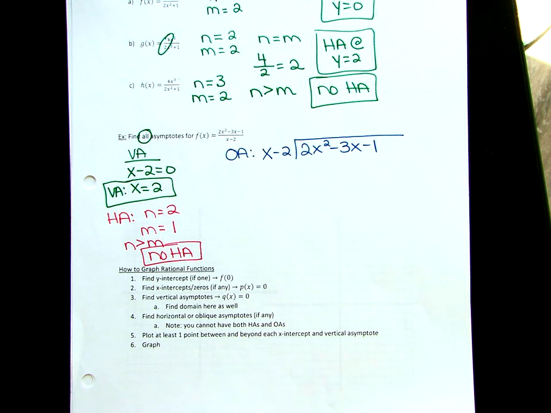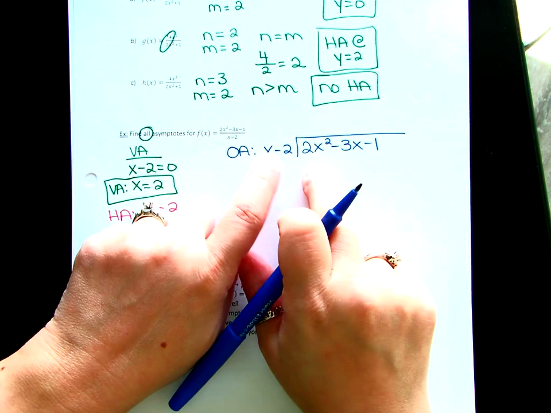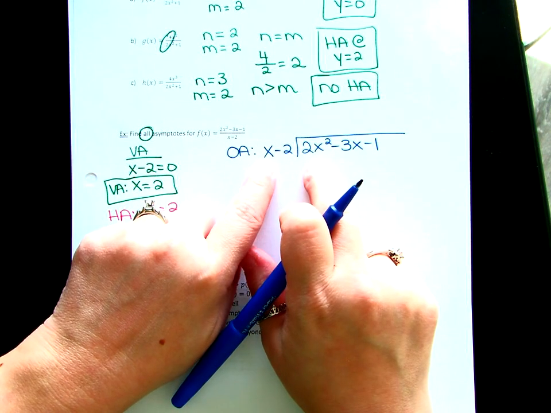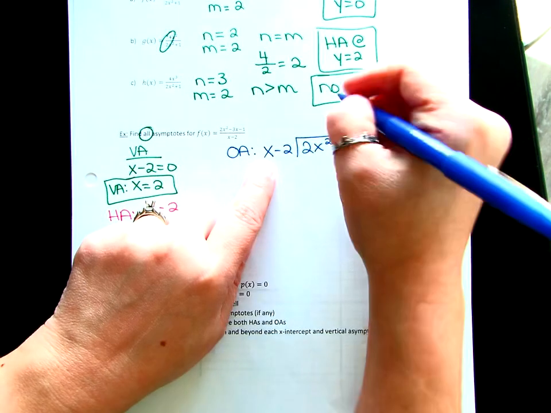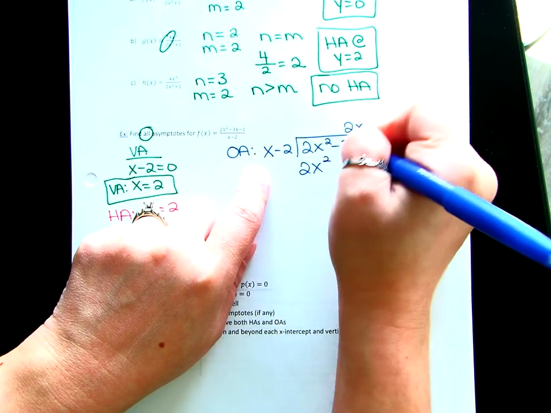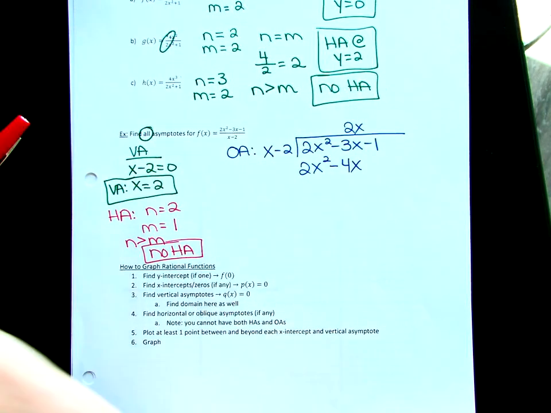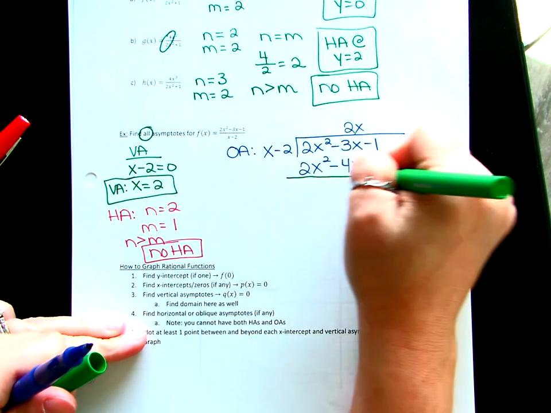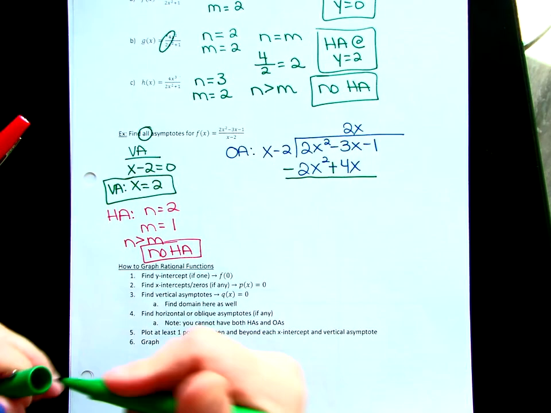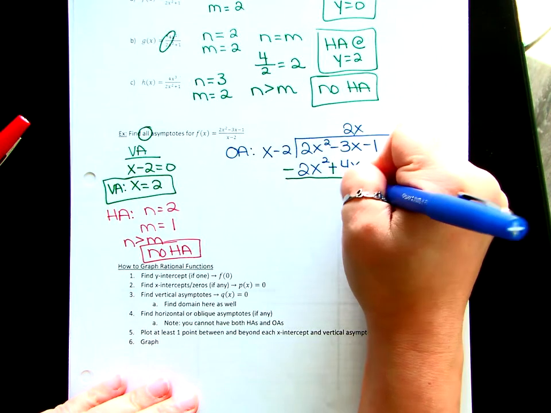What do I multiply x by to get me 2x squared? 2x. 2x times x will give me 2x squared. 2x times negative 2 will give me a negative 4x. I'm going to draw my line, change my signs, add down so that I get x minus 1.